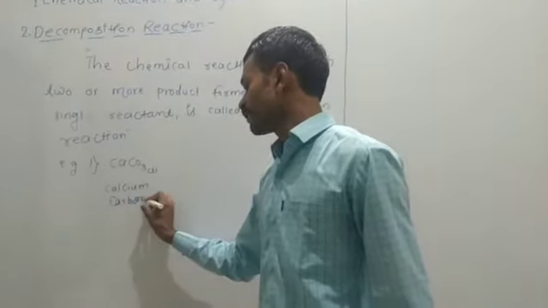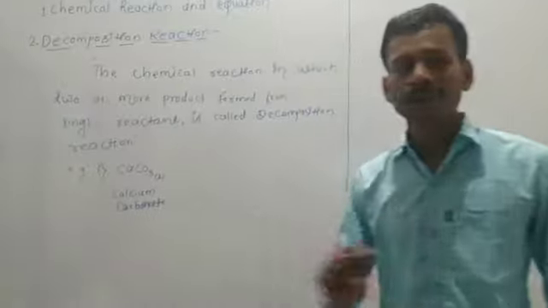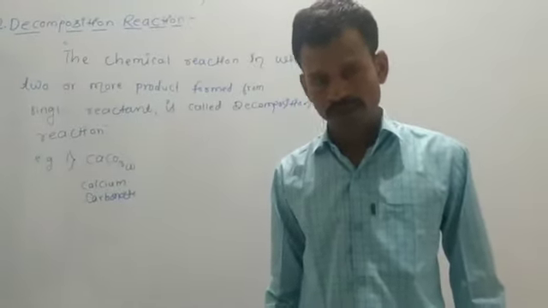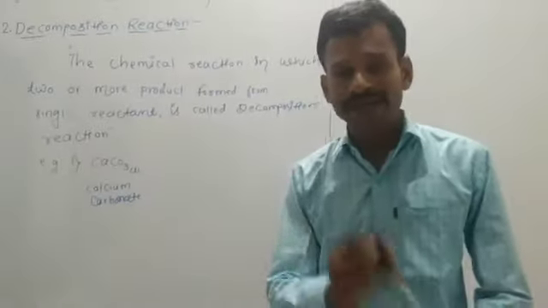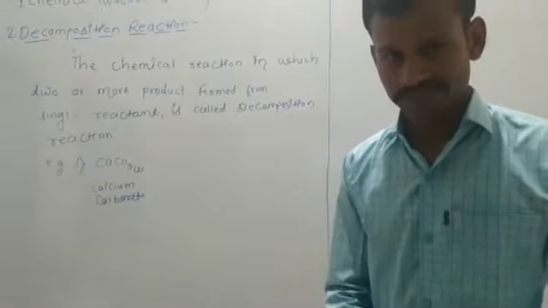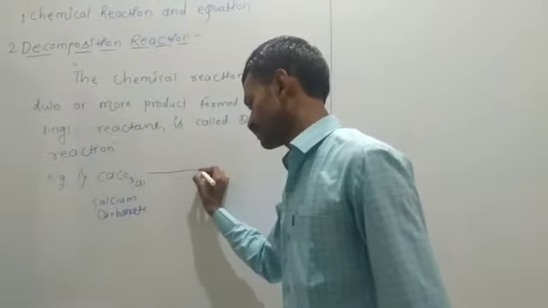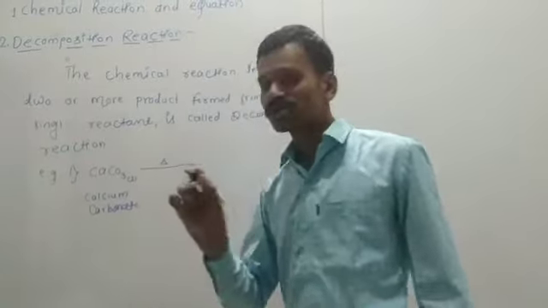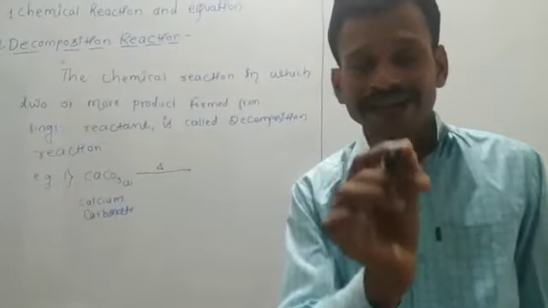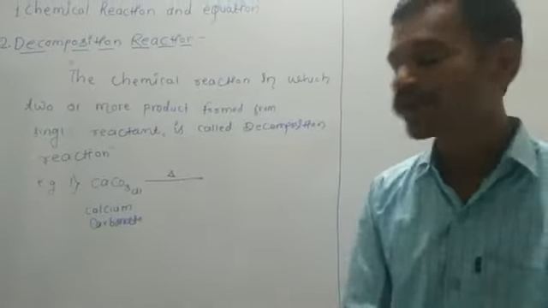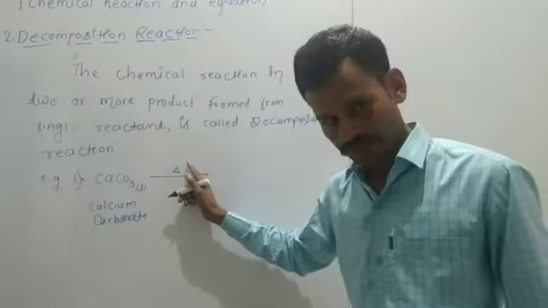The physical state of calcium carbonate is solid. Now this calcium carbonate is heated. Heat is given, so I use the delta symbol on the arrow.